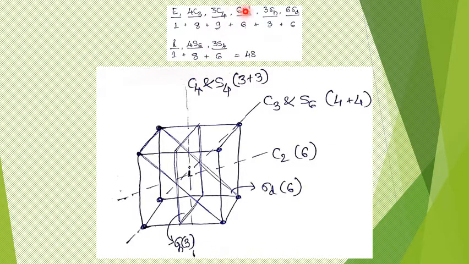So these 6 C2s can also be easily understood. To get a C2, we should take any two opposite edges. Let's say this is an edge and this is an edge, and now I take the midpoint of those two edges and pass an axis through that. So now you should be able to imagine. If I rotate the molecule 180 degrees on this axis, that will result in identical orientation.